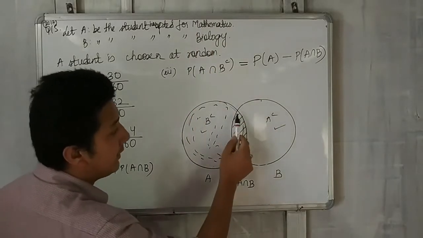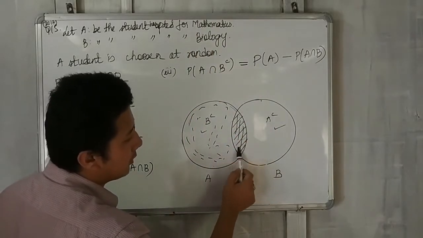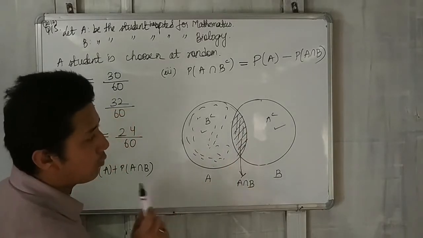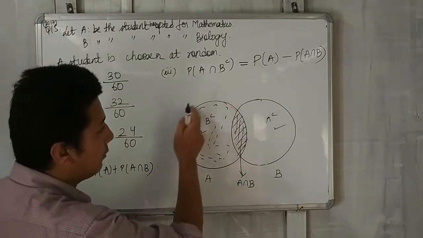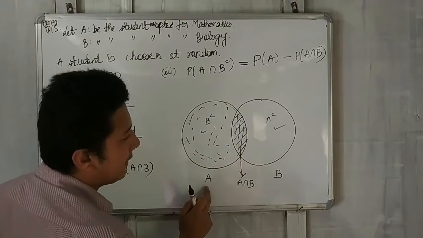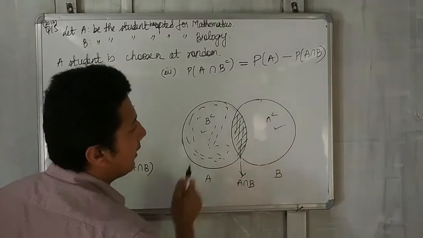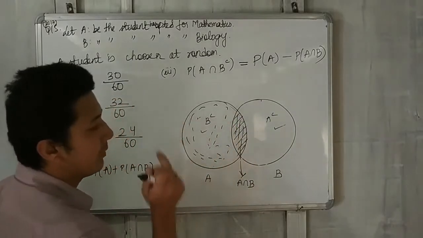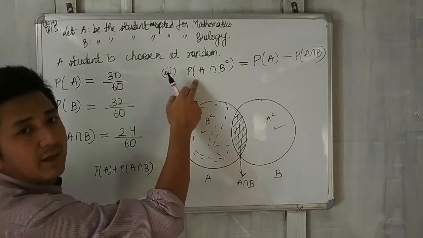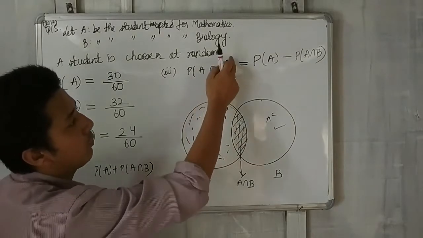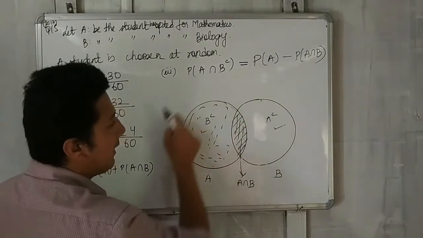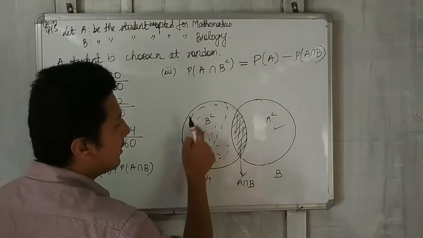Then the intersection is the common portion, the students who have taken maths and biology. I also need the help of complement. If this whole region is my A, then my A complement is only this region, and if this whole region is my B, then this region is my B complement. According to the question, I need to find the probability of A intersection B complement. So the probability of A means this whole, and B complement means this region.